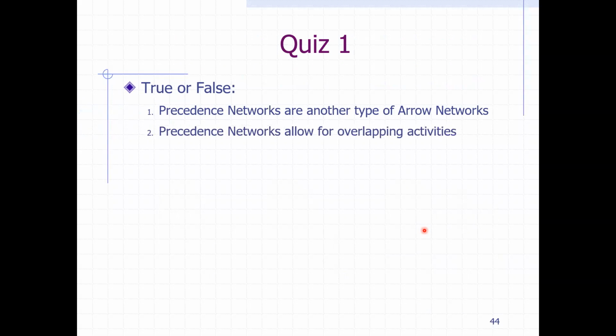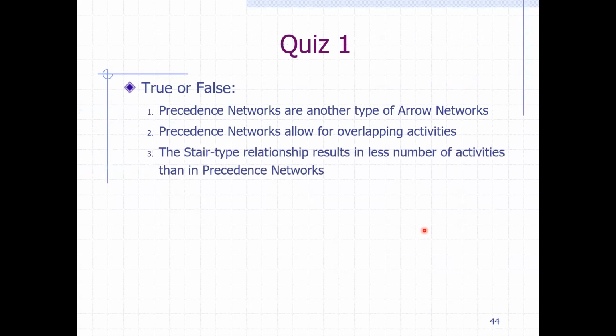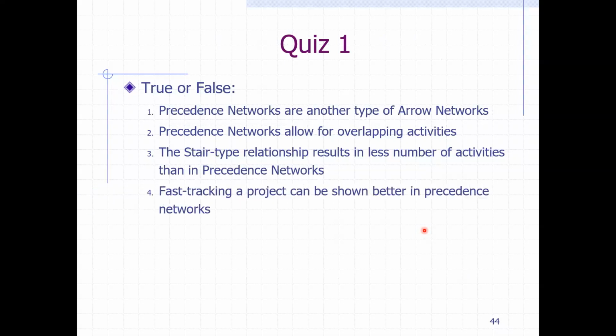Second question: the precedence networks allow for overlapping activities, true or false? The answer is true. The stair-type relationship results in less number of activities than in the precedence activities. Well, it's false. Because if you remember, the stair-type relationships actually break down activities into multiple sub-activities.